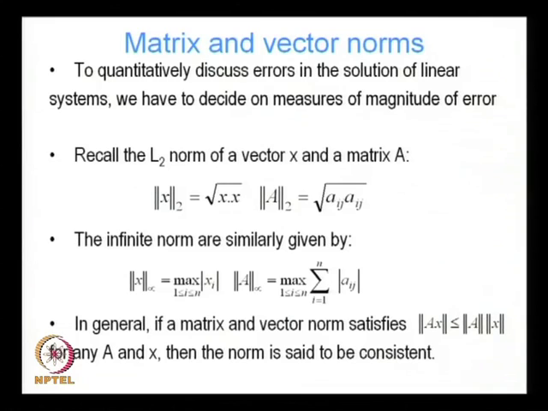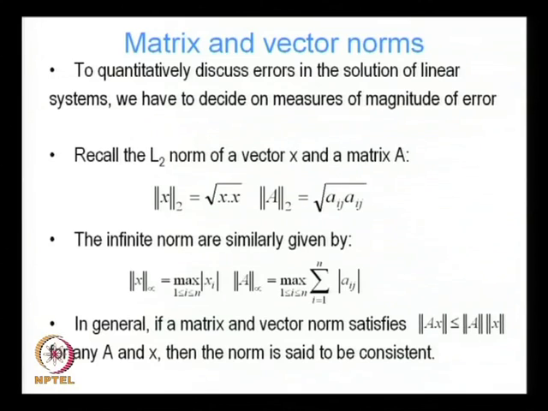So, basically we are looking at it row by row, and we are summing the absolute values of all the entries in that row, and then we are taking the maximum of those values over all the rows.